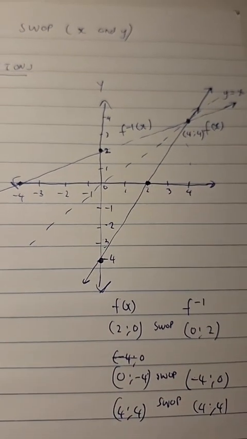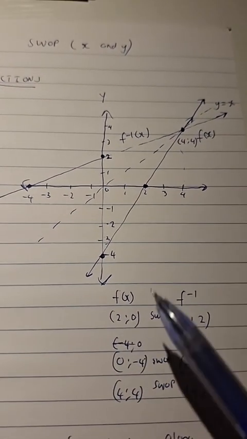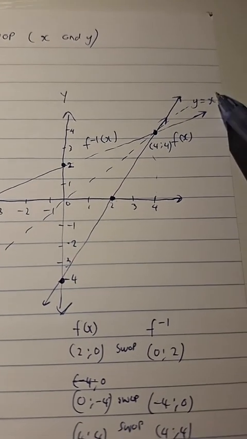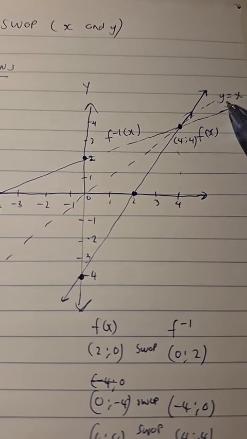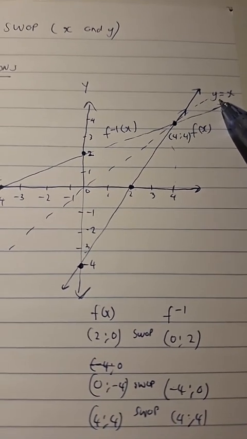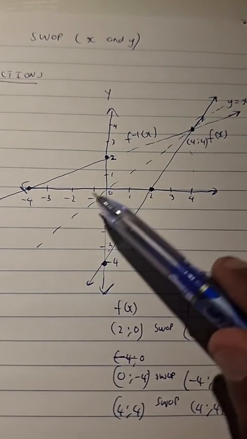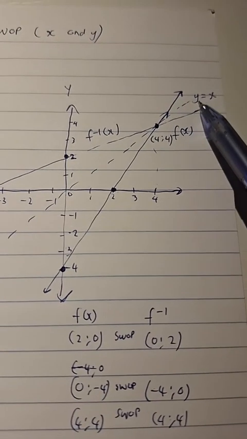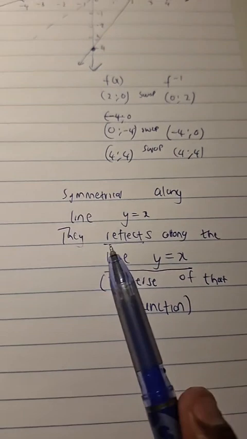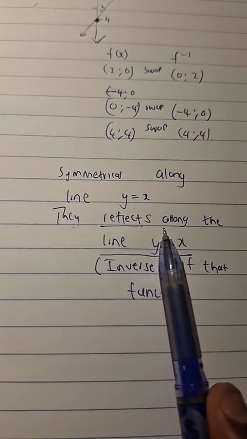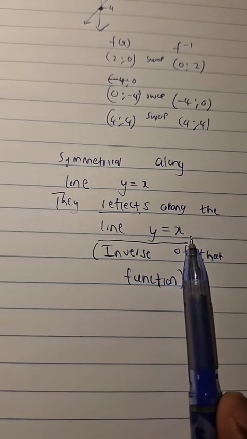And what do we notice after sketching the two functions? That they are actually symmetrical along the line y is equal to x. Very important, that realization that all inverse functions are symmetrical to each other on the line y is equal to x. Therefore, we can conclude that the inverse functions reflect along the line y is equal to x.